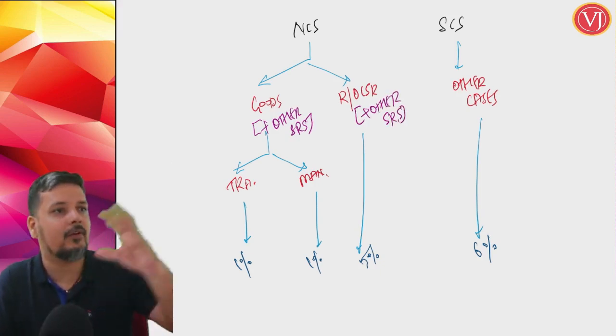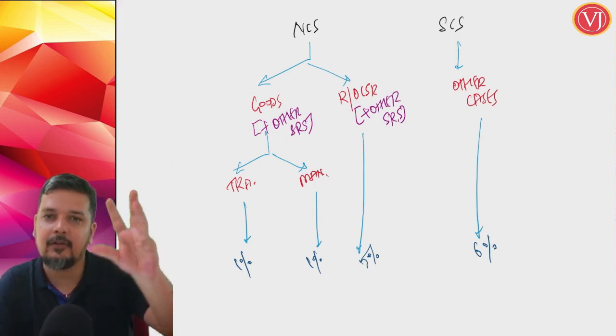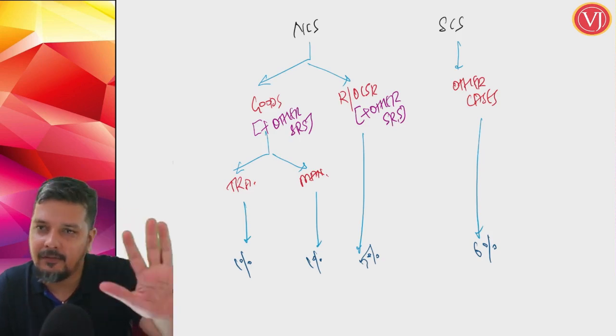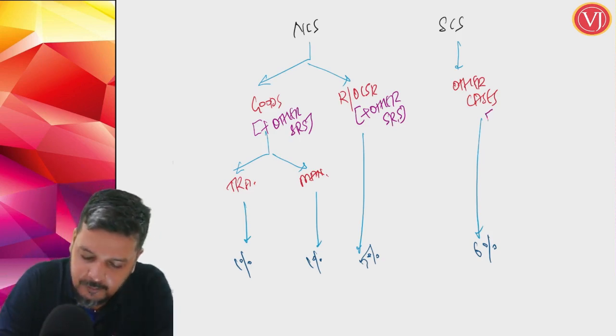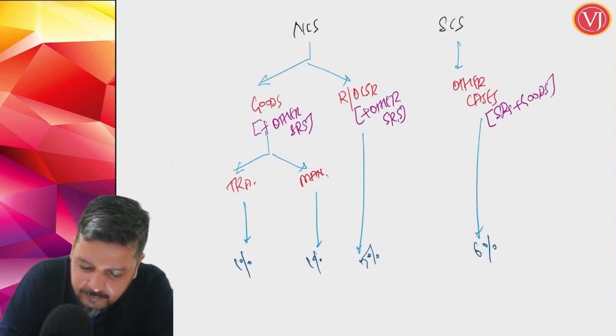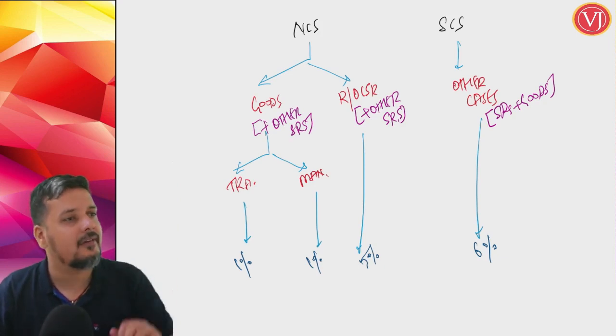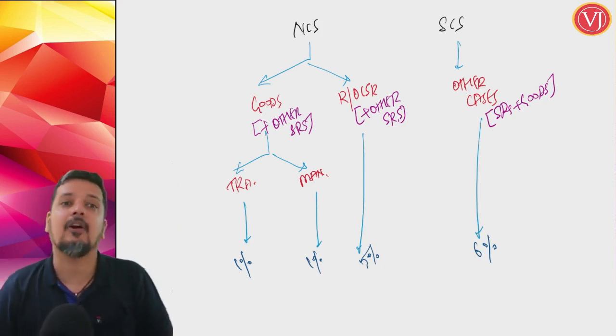So if we are dealing with goods with minimum service, the rate is still 1%. If you are dealing with restaurant with minimum other services, the rate is still 5%. And when you talk about other cases, it can be services along with goods, but services being the major portion. The rate will be still 6% because people confuse.